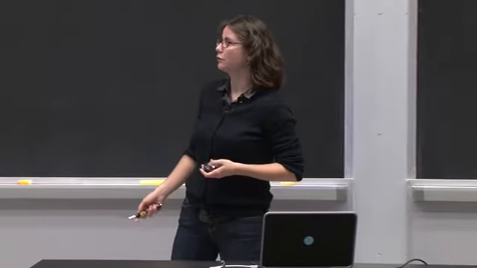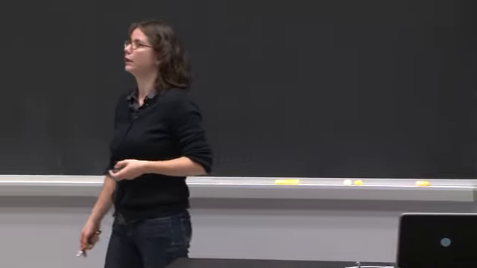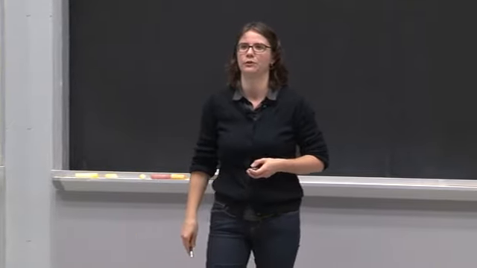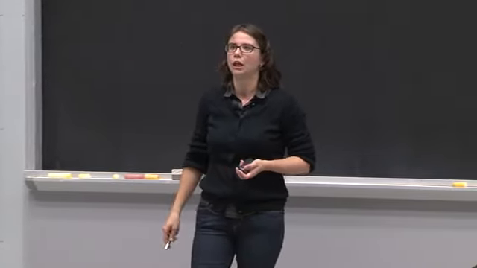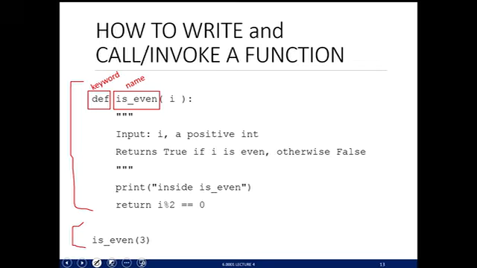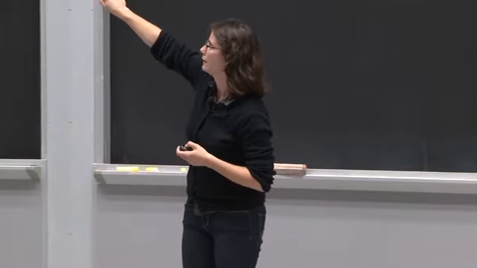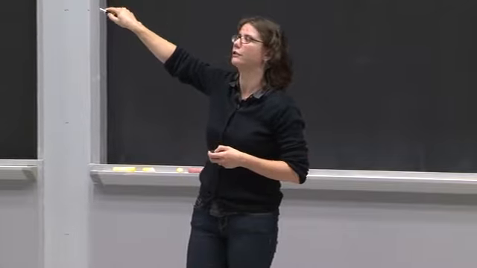The function name should really be something descriptive, so that someone who's just using this function or looking at it can pretty much tell what it's supposed to do just by looking at the name. Then in parentheses, you give it any parameters, also known as arguments. These parameters are the inputs to the function. And then you do a colon. So this is the first line of the function definition.